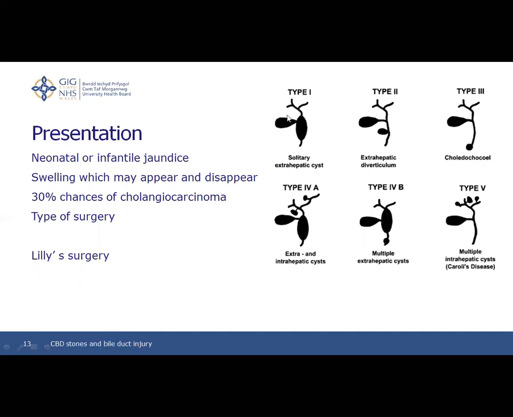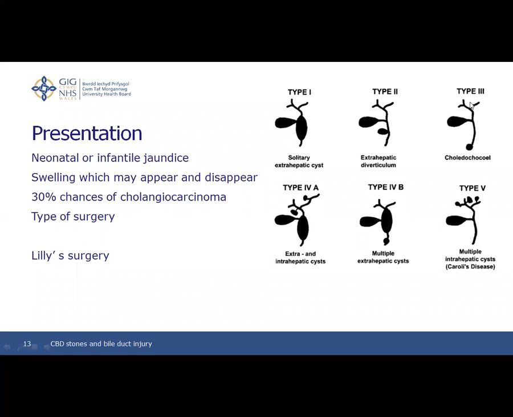Otherwise, in type 1, we go for a hepaticojejunostomy with the cyst excision. And in type 2, sometimes, if it is feasible, we can try to remove just the choledochal cyst, the saccule, and primarily stitch the common bile duct, or if it is not possible, go for a hepaticojejunostomy again.